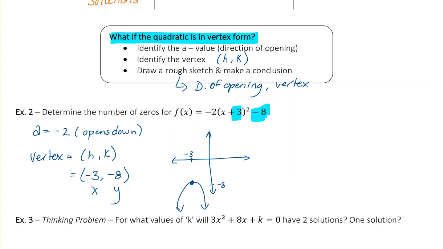Might be thinner, wider, or whatever, but this is the only information I really need. This tells me that it's not going to cross the x-axis, and therefore this quadratic here would have no solutions. Okay, so those are the steps with vertex form. So now you should be able to determine how many solutions a quadratic has in both standard and vertex form.